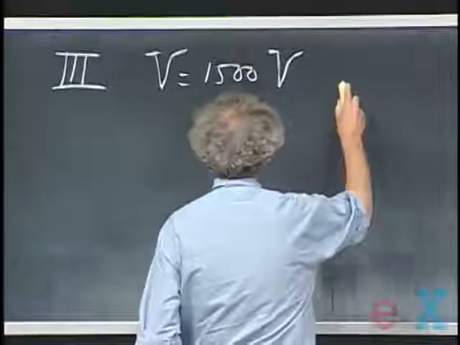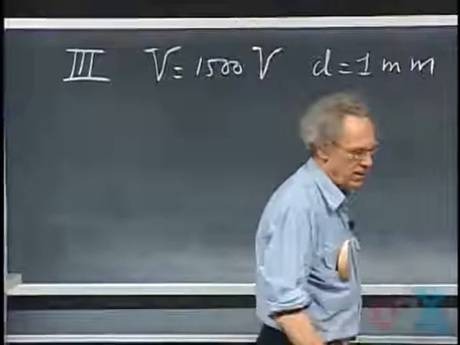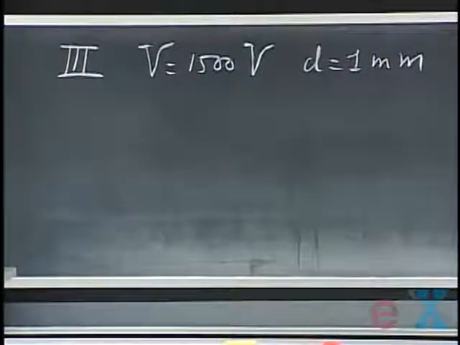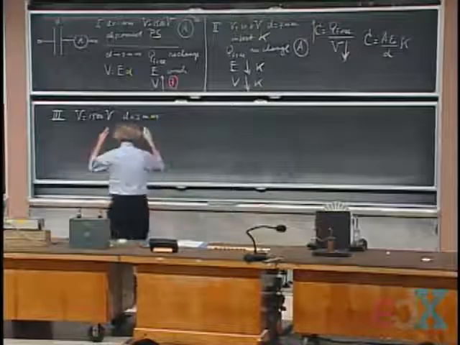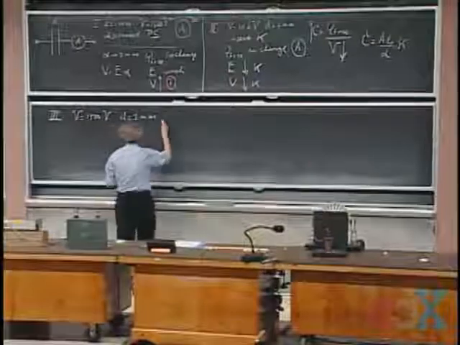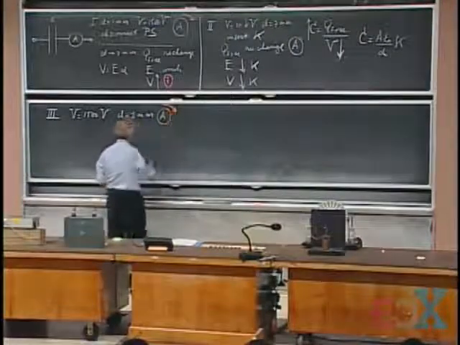We start with d equals 1 millimeter, just like we did in experiment 1. No glass. I'm going to charge it up, just like I did with number 1, and of course I will see that the ammeter will show this charge. See a surge of current.